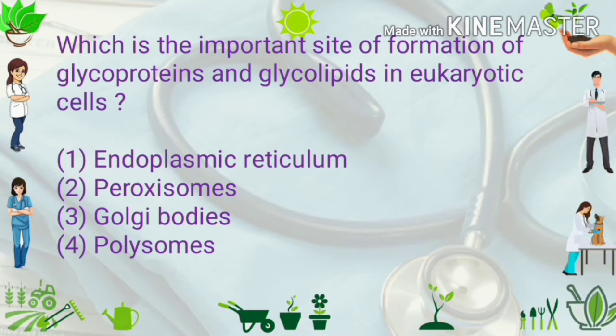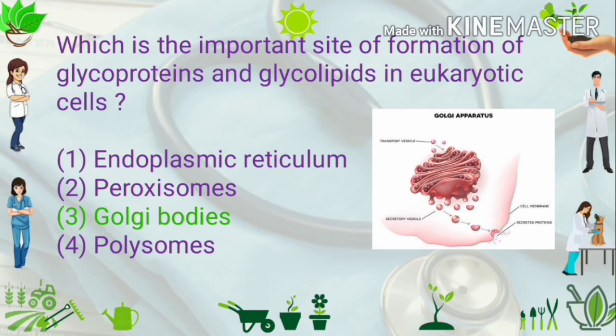Next question, which is the important site of formation of glycoproteins and glycolipids in eukaryote cells. This is comparatively an easy question. Hope you may all know the answer. It's none other than Golgi bodies. Golgi bodies are the site of the formation of glycoproteins and glycolipids in eukaryote cells.